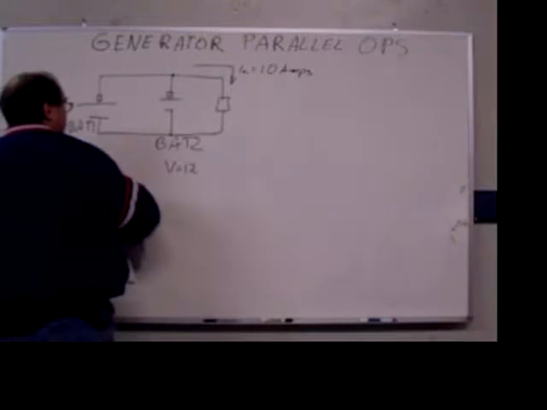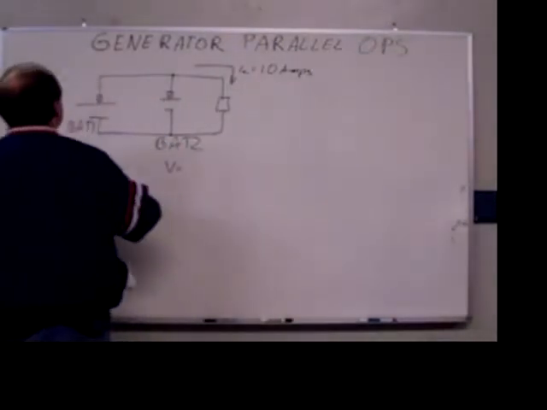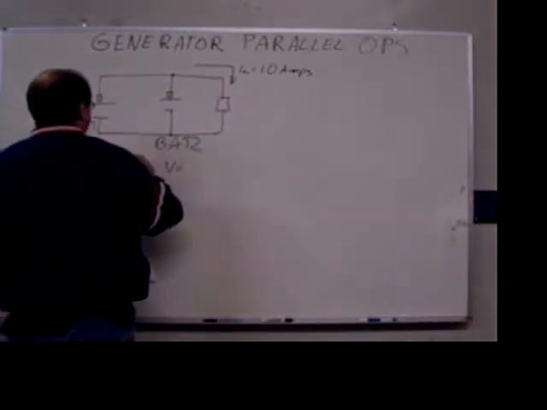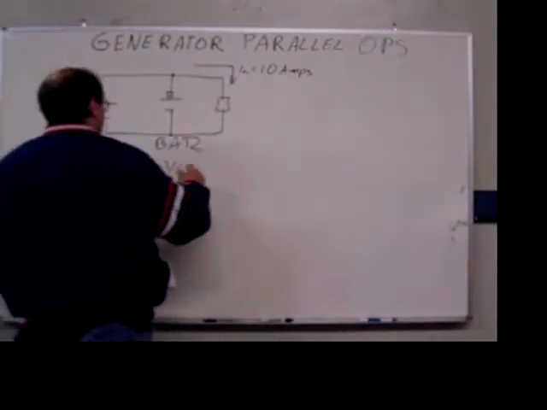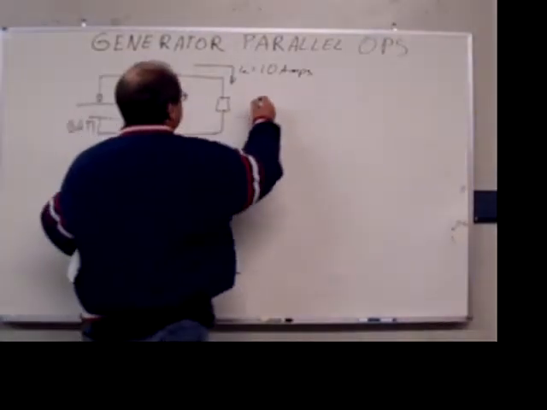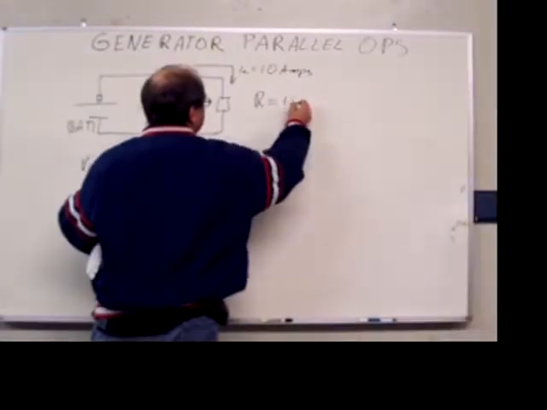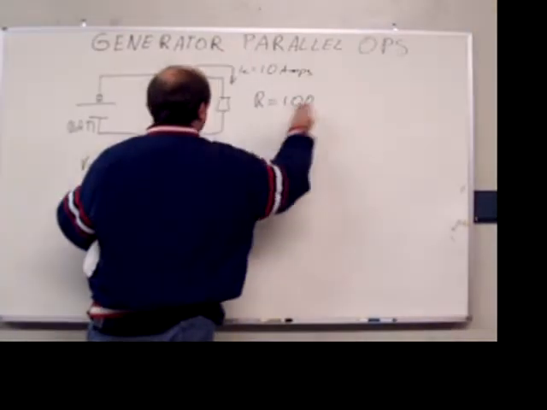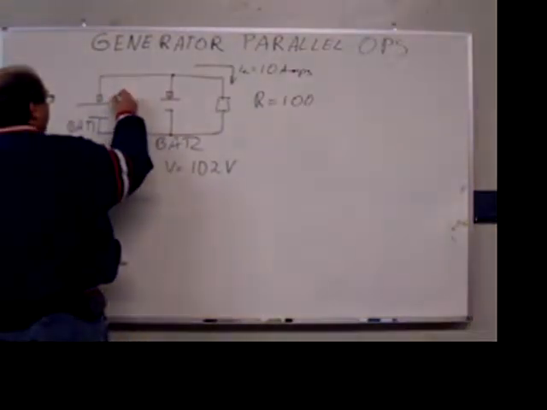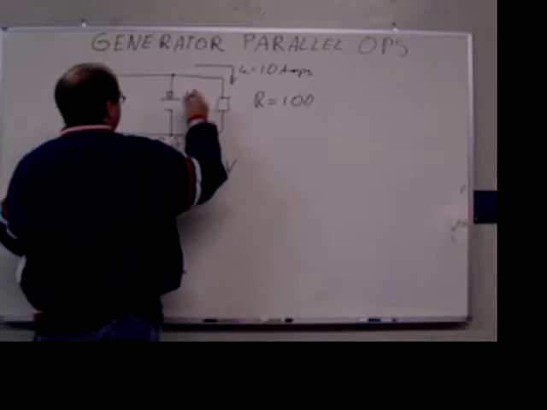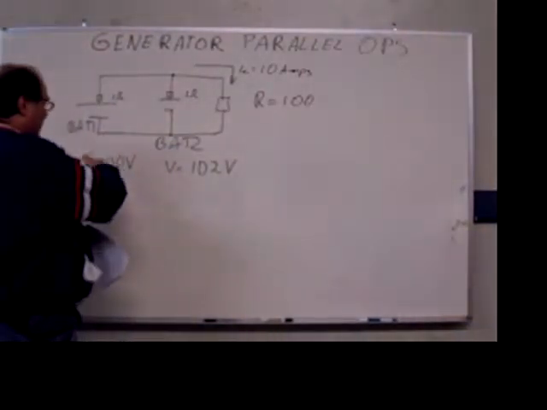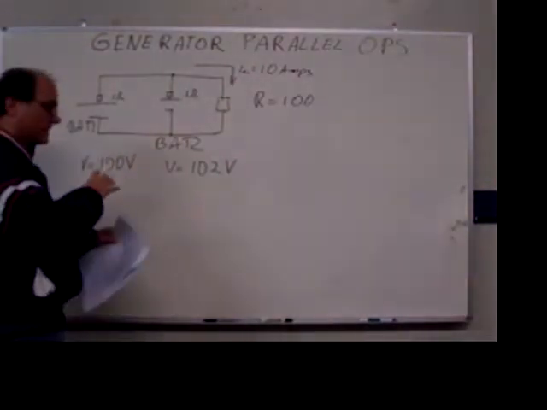The first battery has 100 volts and the second battery has 102 volts. To make the math simpler, the load is 100 ohms, resistive, not inductive. The internal resistance is 0.1 ohm on each battery. They're both identical, the same type of battery, but each has a different state of charge.